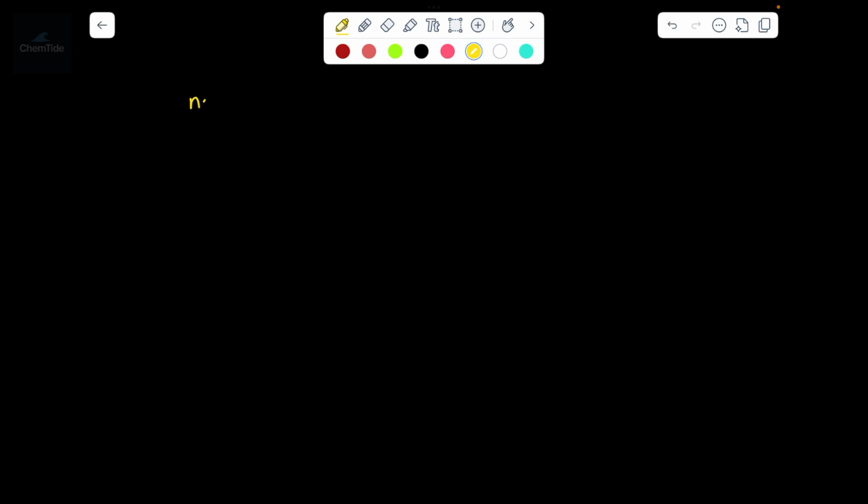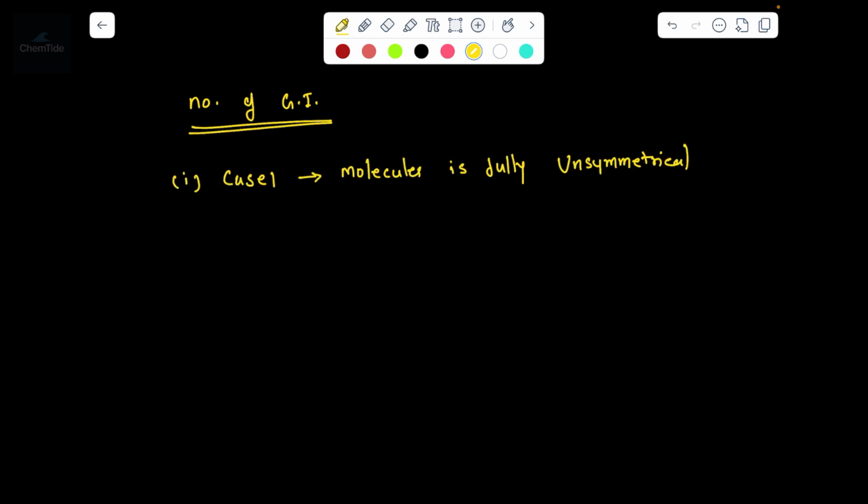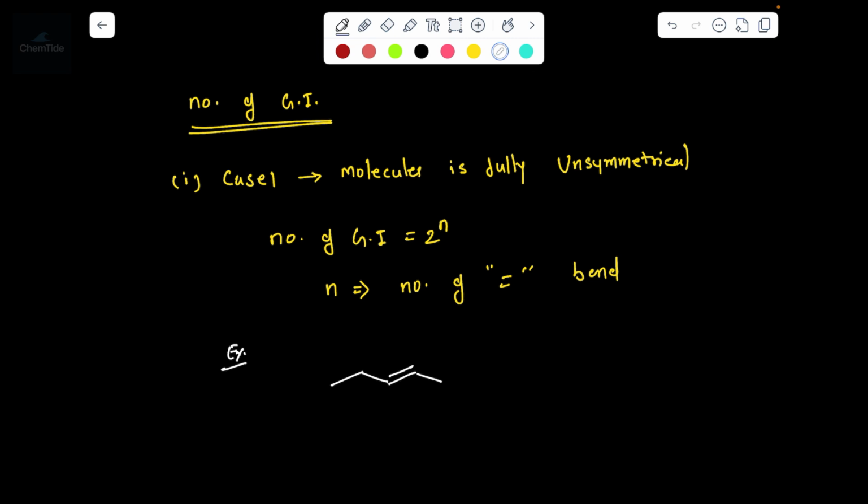Now we will talk about the number of geometrical isomers. We have a formula for this. Case 1: when the molecule is fully unsymmetrical, the number of geometrical isomers is equal to 2 to the power n, where n represents the number of double bonds or restricted carbons. For example, if I write it this way, this double bond has a geometrical isomer.